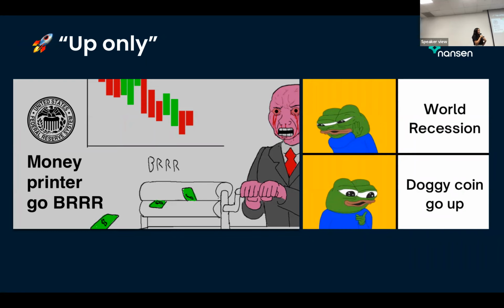Coming up to 2021, the bull run, a lot of retail actually got into crypto because everything has been up only. And then up until UST, that's when people realized, oh shit, you can actually lose money.